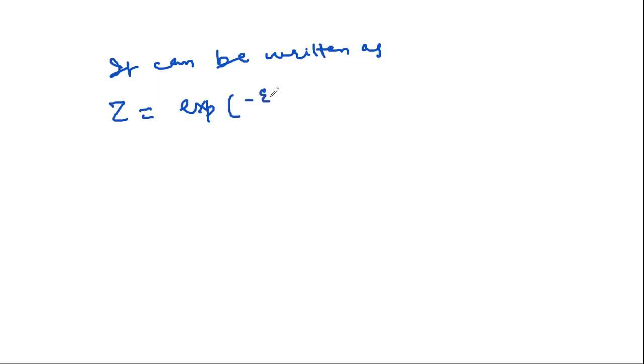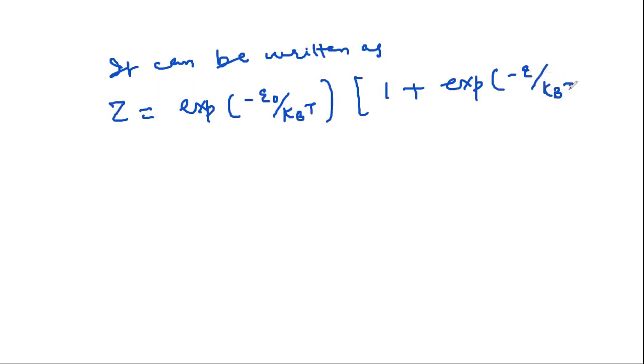So it can be written as z equal to exponential of minus epsilon naught by kT times 1 plus exponential of minus epsilon by kT.